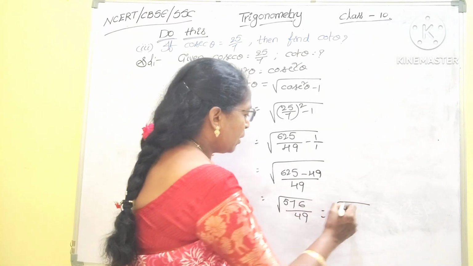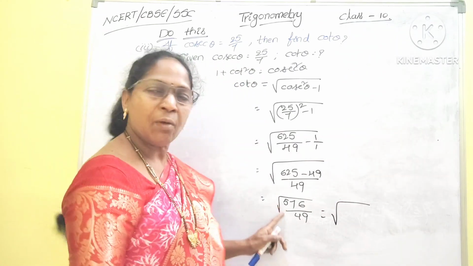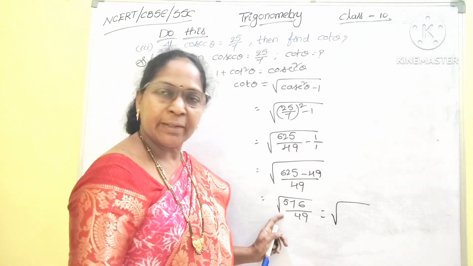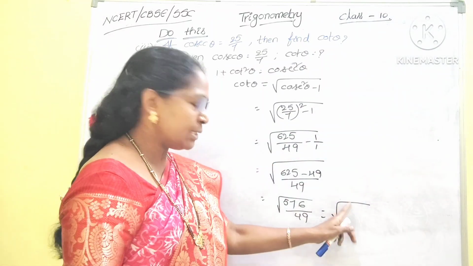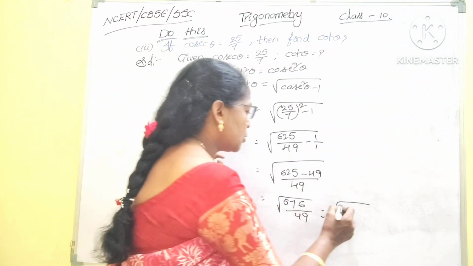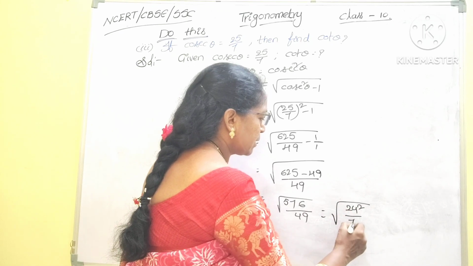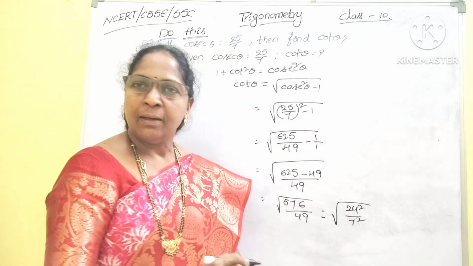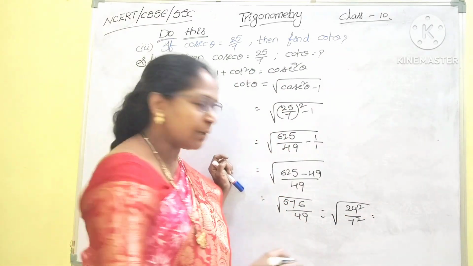That is here 24 square equal to 576. If you don't know how to write in square term, means by using the prime factorization method, you can write this in terms of square term. So 24 square by 7 square. So in the numerator and denominator square terms are there.